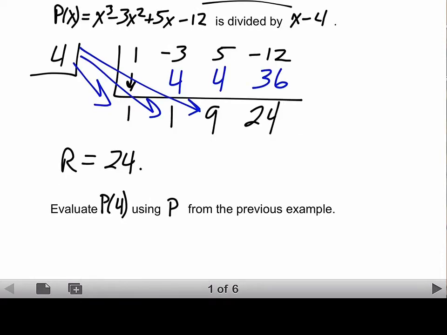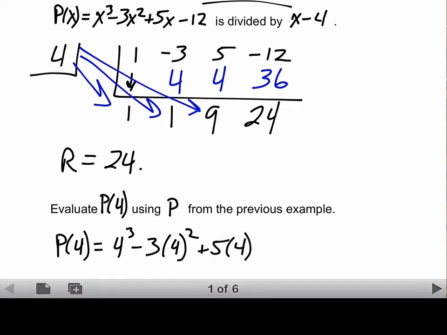Now let's see what happens when we evaluate p of 4 using the polynomial in the previous example. P of 4 is going to look like 4 cubed minus 3 times 4 squared plus 5 times 4 minus 12. Because remember, when we evaluate, we substitute for the variable.